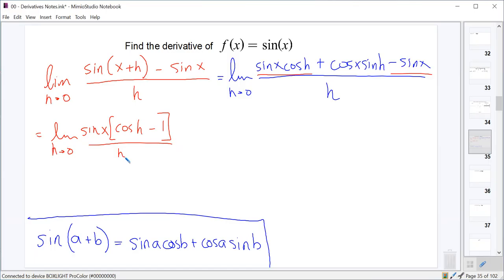And then I'm going to add to that a limit as h approaches 0 of cosine x times sine h, our middle term, all over h.